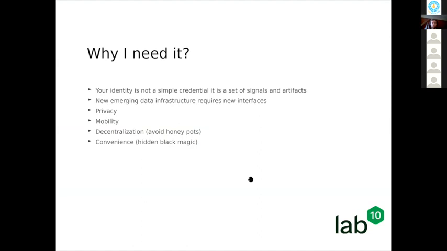So it's important to keep it safe and avoid any potential risks. And last but not least, convenience. As I mentioned, hiding the black magic behind all these complex systems, because not everyone is able to grasp how it works and why, or what the cryptography behind it is. So it needs to be super convenient, and the user experience should be smooth.